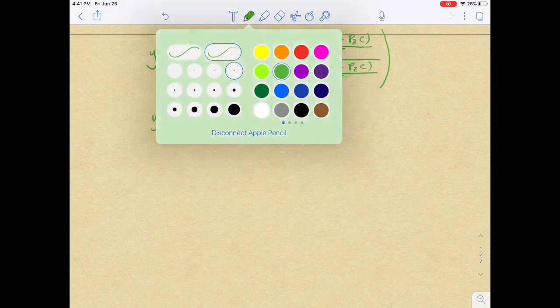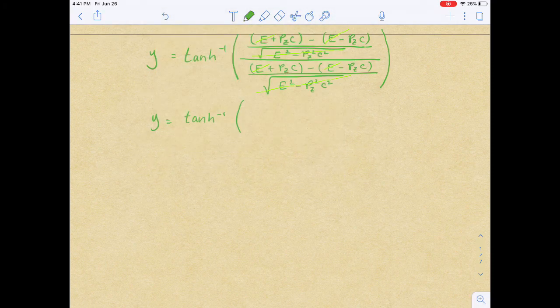So many simplifications. So we have 2pzc divided by, did I do that right? There's a plus here. That's embarrassing.